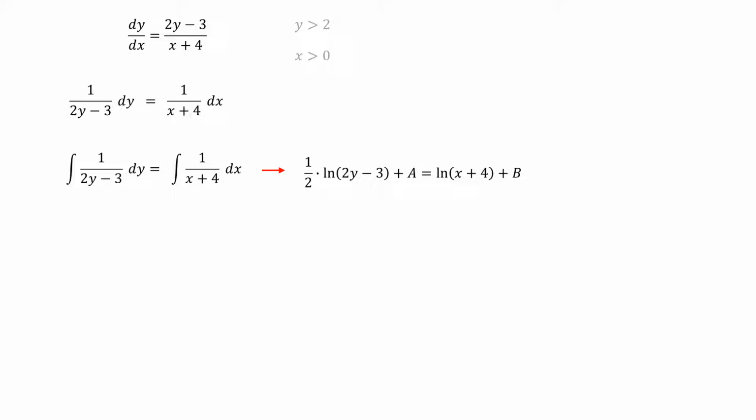You'll notice I got a plus a on one side and a plus b on the other. Don't we normally write our constant as plus c? Well, we could, but I would be hesitant to put plus c on both sides because that would assume somehow that I knew that the constant of integration was the same number for both of these integrals, and in fact, I don't know that. So I'll put different symbols for my plus c on each side.